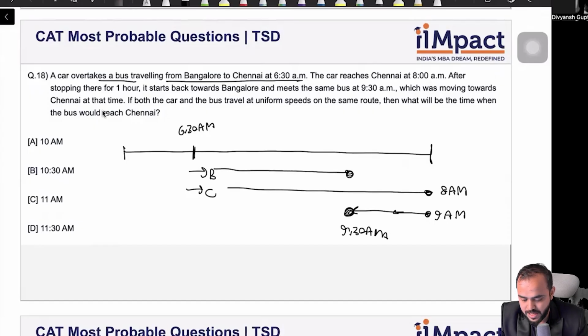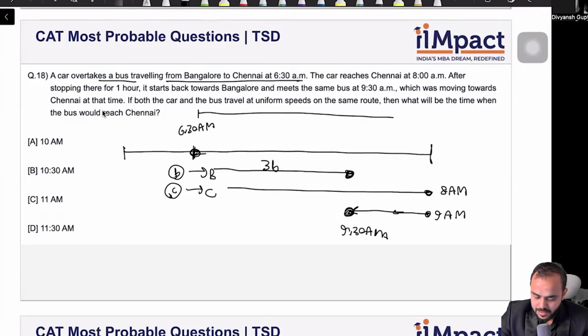Traveling towards the destination. So if the speed of the bus is B and the speed of the car is C, would you say that the distance traveled by the bus between 6:30 a.m. to 9:30 a.m. is going to be 3B, 3 hours at a speed of B?